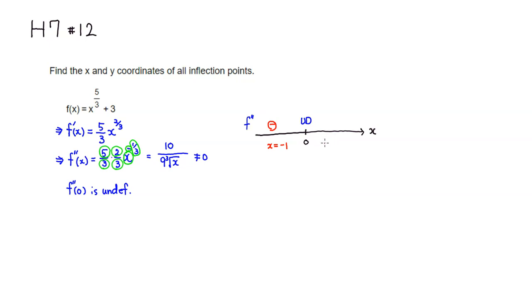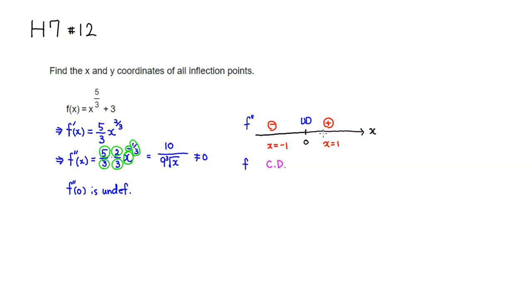Now I'm going to try any number bigger than 0. So I'll try 1. If you plug 1 into the second derivative, you can see that it's going to be positive. Everything is positive. So if you look at the concavity on the interval before 0, a negative second derivative indicates concave downward.